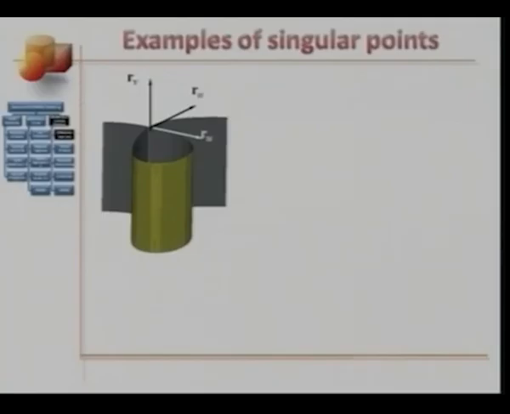There would be a unique tangent along the V direction, r sub v. So since the tangent along the U direction is not unique at this point, we would say that this point is a singular point. It's not a regular point.